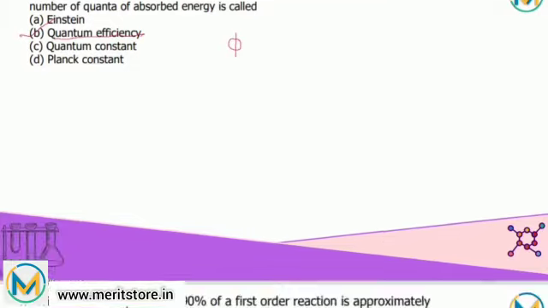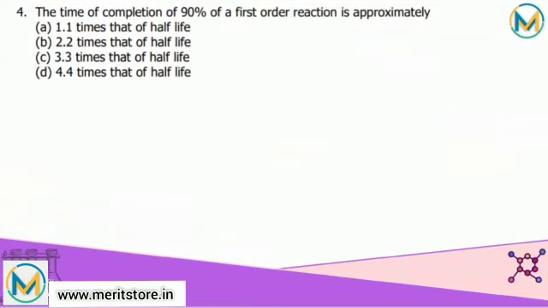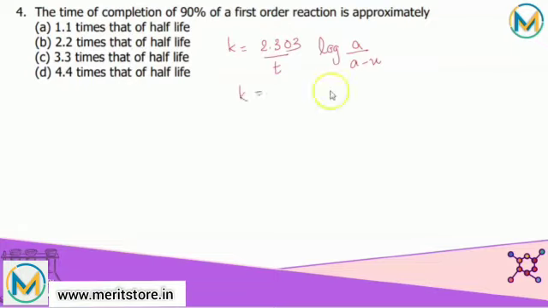Looking towards the next question, the time of completion of 90% of a first order reaction is approximately. Now we know that for a first order reaction, K = 2.303/t log(a/(a-x)).